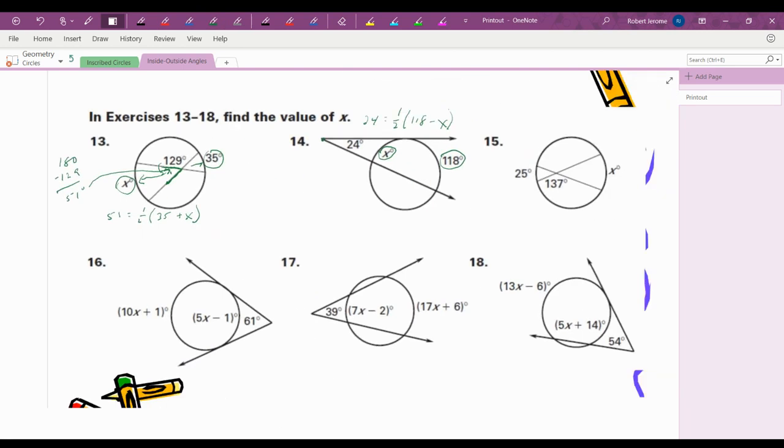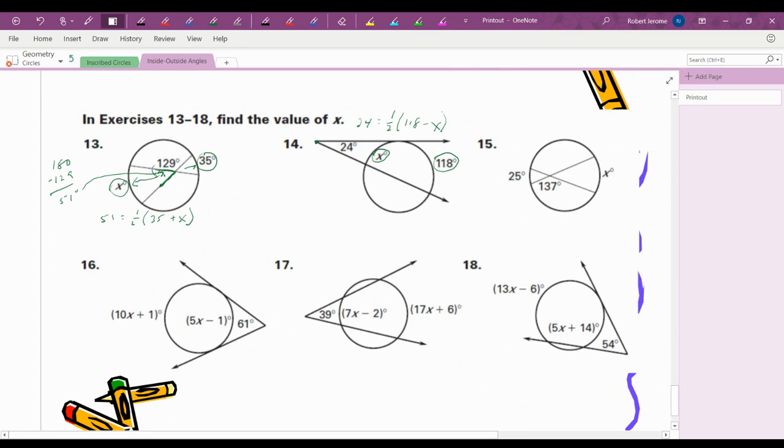And if we look at the last three, we can see they're really all the exact same problem. Their angles are on the outside. So just like in 14, we're going to do the outside angle formula. So angle equals 1/2, and then we have to do its big arc.